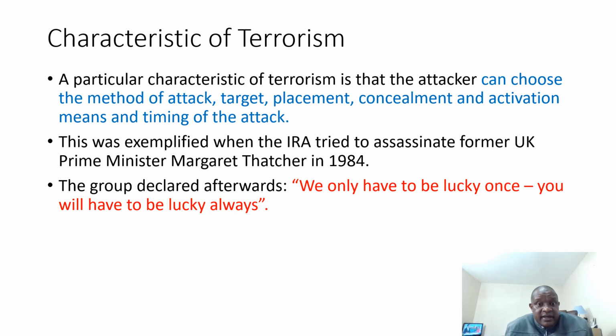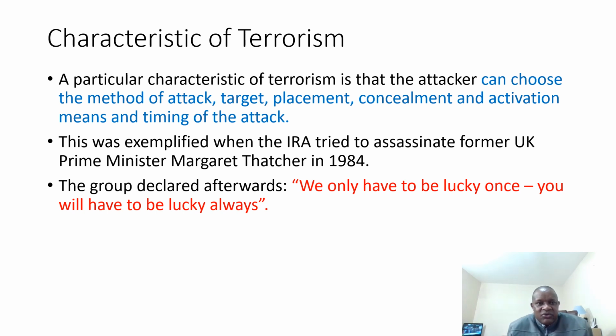This was exemplified when the IRA tried to assassinate former UK Prime Minister Margaret Thatcher in 1984. The group declared afterwards, "We only have to be lucky once. You will have to be lucky always, because you never know the time. You never know the method of attack.